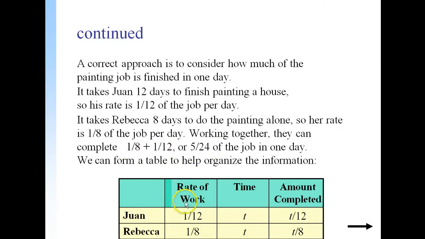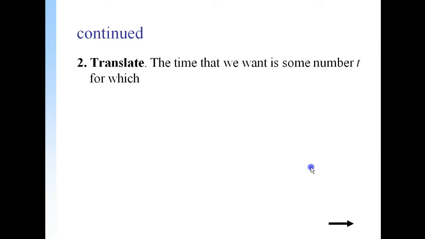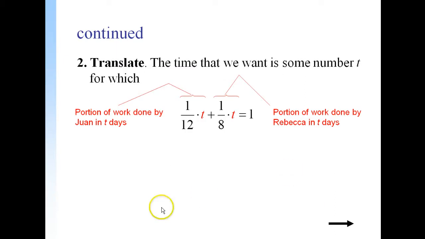Again, Juan gets it done, 1 out of 8. I'm sorry, 1 out of 12. Rebecca, 1 out of 8. And notice if you had it set up the way I did, where it was 1 over t, and you multiplied everything by t first, then it would end up like what we have here. I like my way.